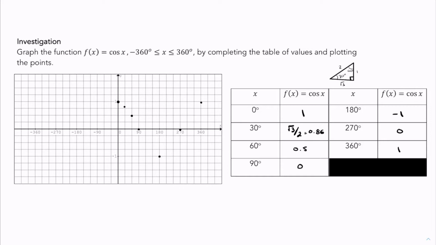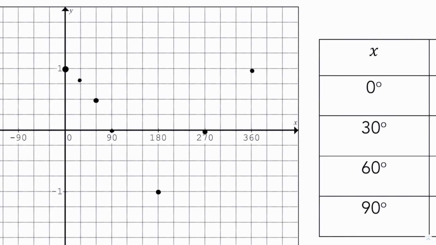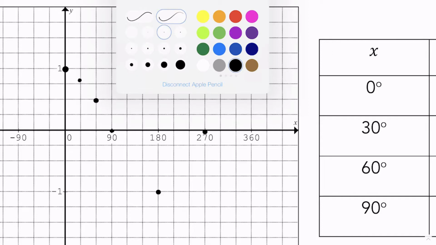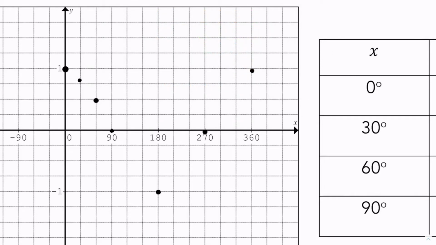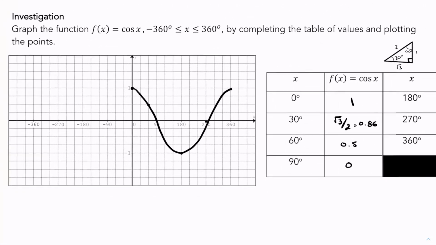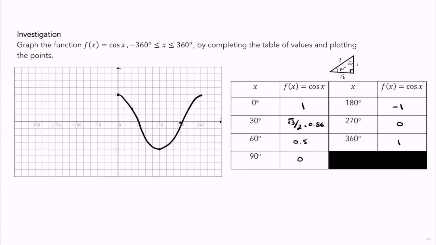Okay, so if I zoom in and graph this now, I'm going to get a curve that looks something like this. Something that comes down, loops up at the bottom, and goes back up. So this is my graph for cosine. It's only one period.